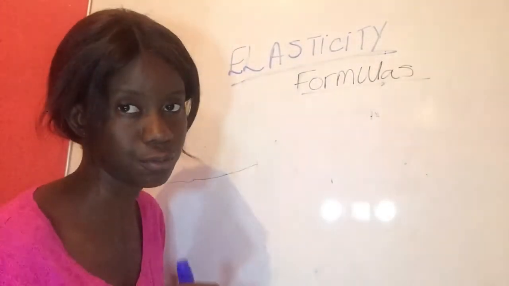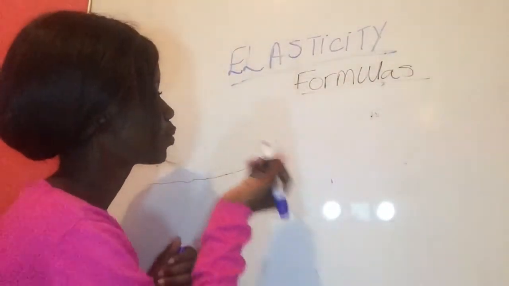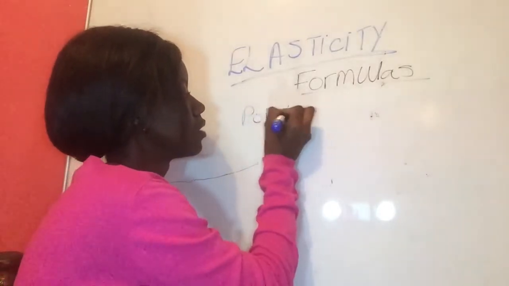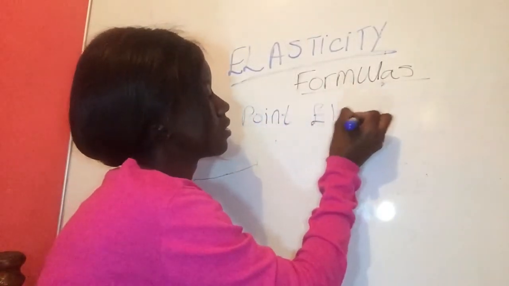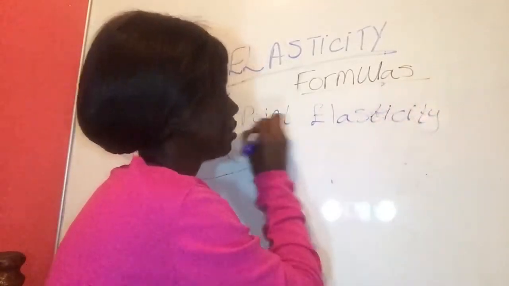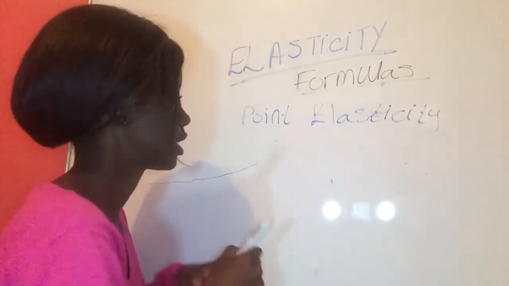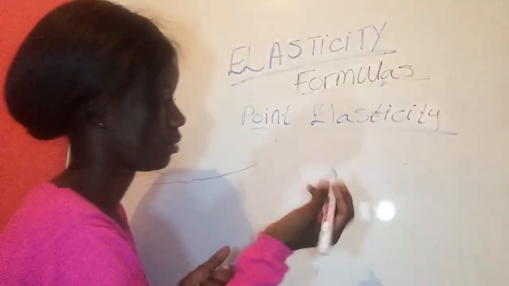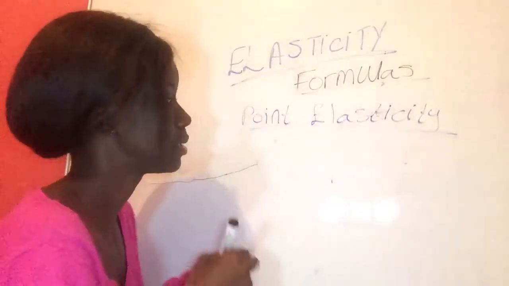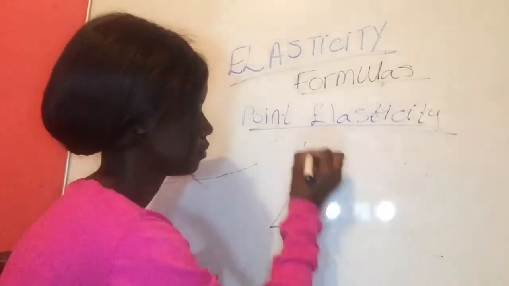There are two formulas you can use depending on the question. The first one is the point elasticity. This is simply elasticity at a particular point. Let's say, for example, you have a curve.